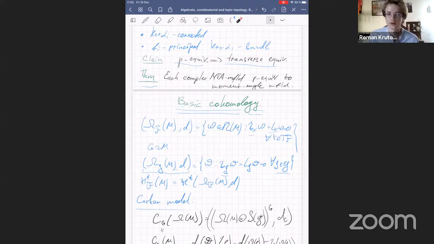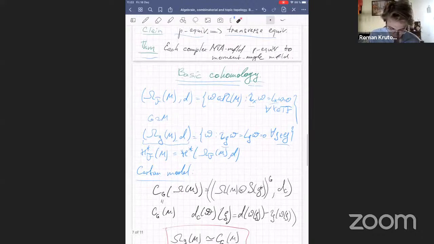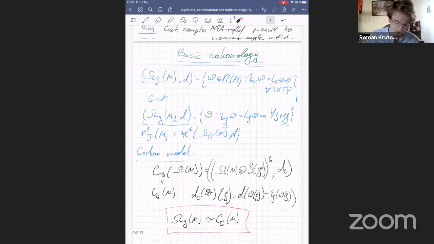In our case, when they are induced by the action of a group, there are several quasi-isomorphic differential graded algebras which can compute the same homology, and one of them is the so-called Cartan model. So the Cartan model is described as follows.